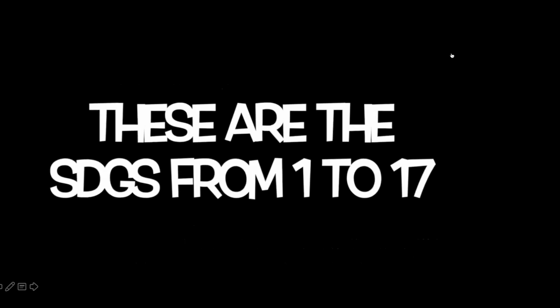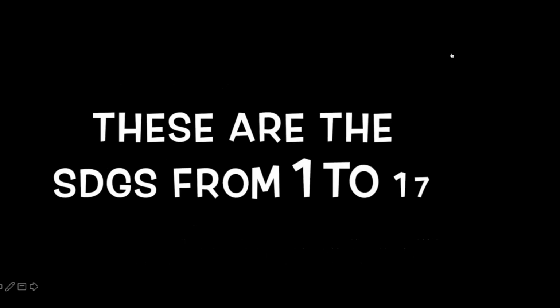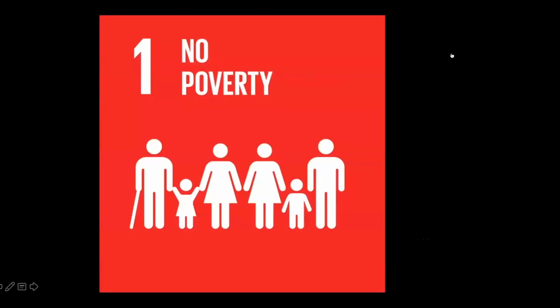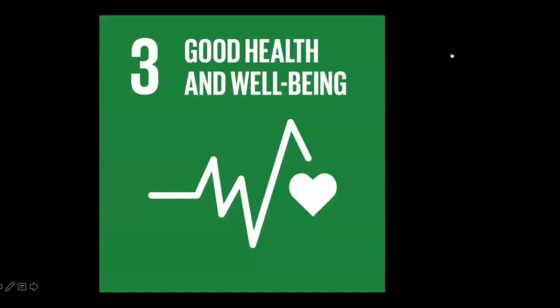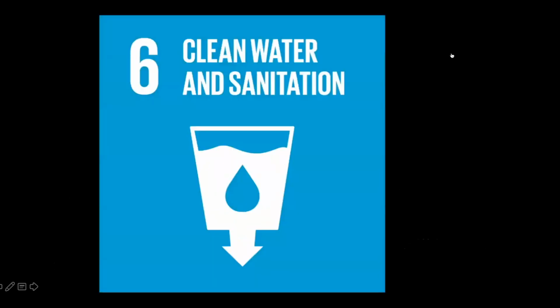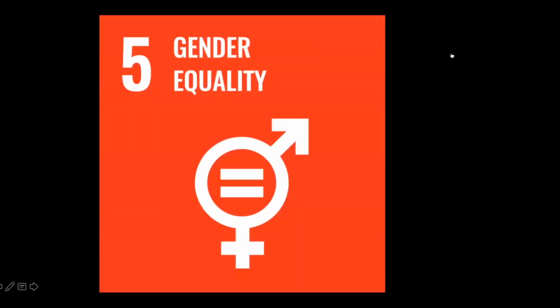Sustainable development goals, what do they mean? These are the SDGs from 1 to 17. No poverty, zero hunger, good health and well-being. Quality education for all human beings. Gender equality, clean water and sanitation.